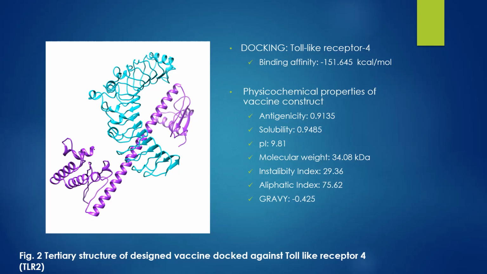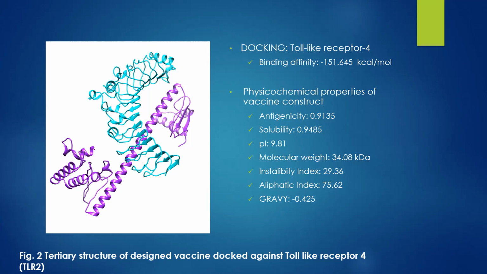The vaccine structure was further assessed for physicochemical properties, which revealed our vaccine to have a molecular weight of 34.08 kilodaltons, to be antigenic with a score of 0.9135, soluble with a score of 0.9485, and also observed to have a theoretical pI of 9.8 and an instability index of 29.36.